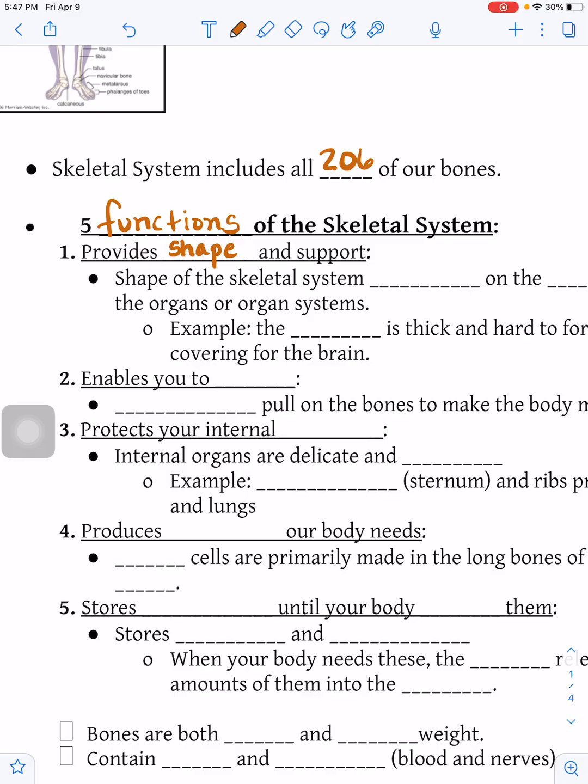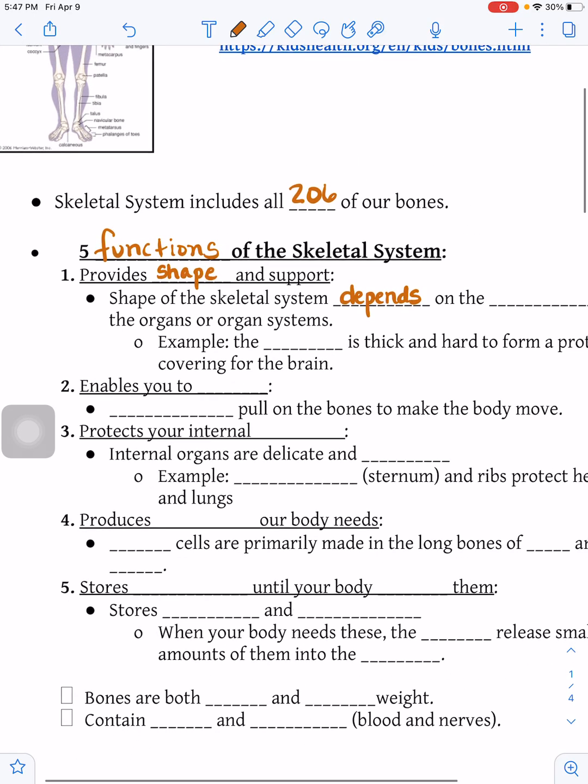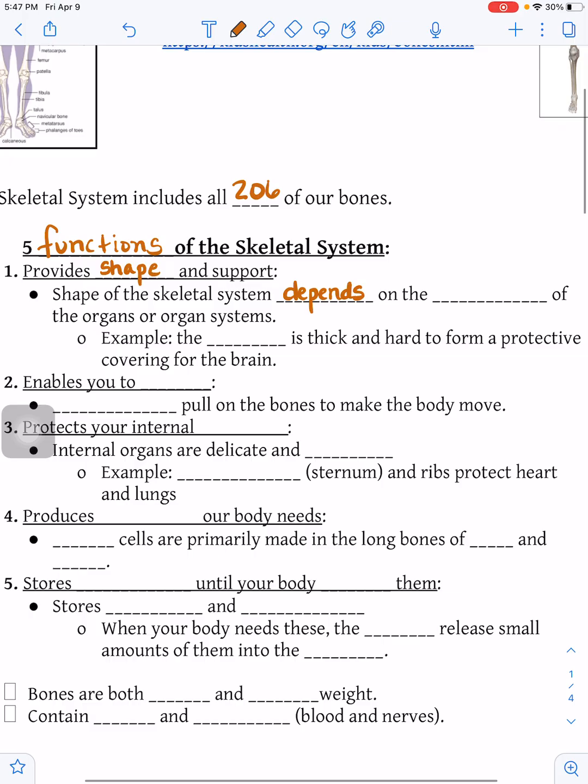The shape of the skeletal system depends on the functions of the organs or organ systems that it's protecting. So, for example, the skull, which is in our head, is very thick and hard to form a protective covering for the brain.